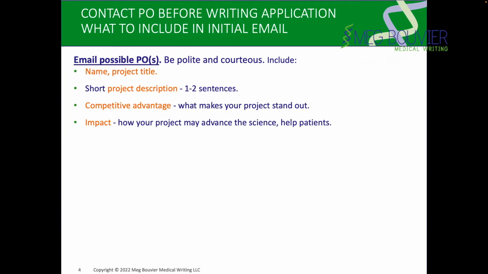What's appealing about you when compared to other applicants on the national landscape? And include the impact. If your project is successful, how will it improve health or advance the field, et cetera?